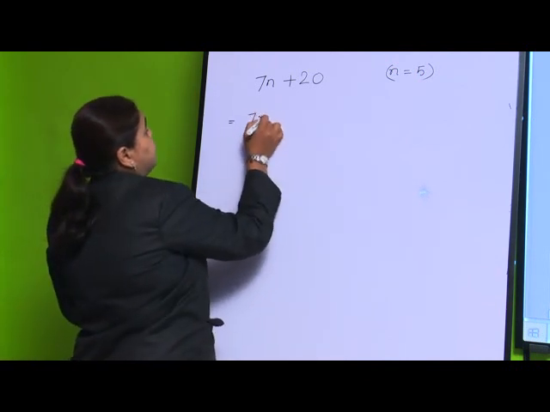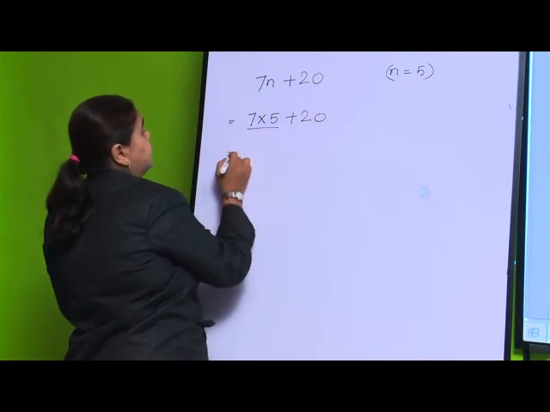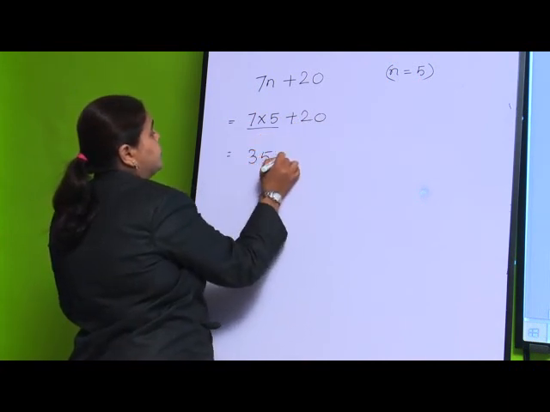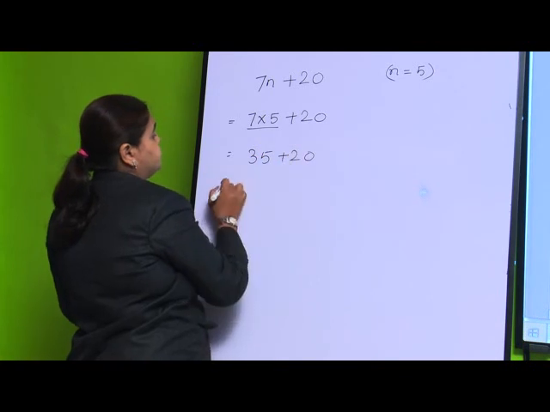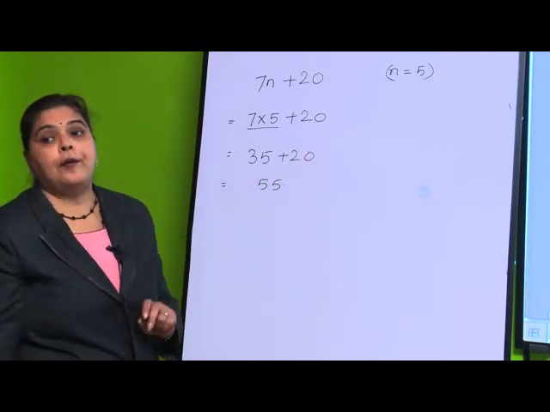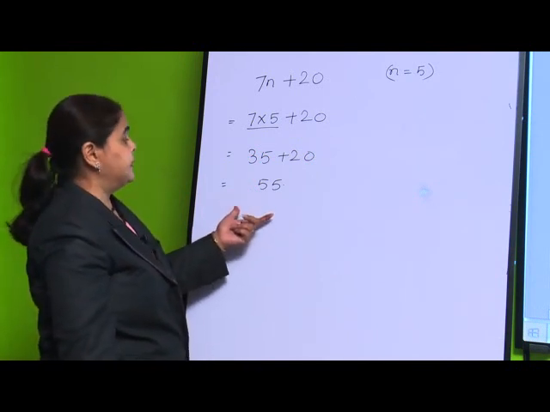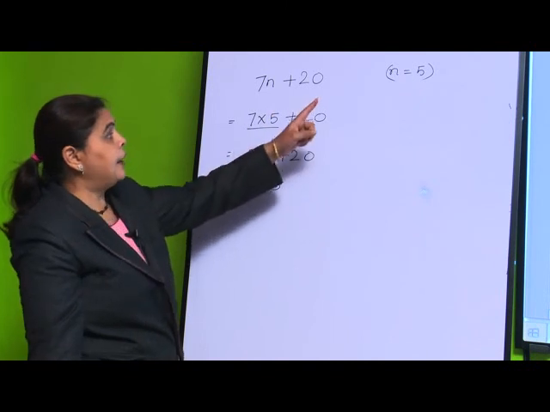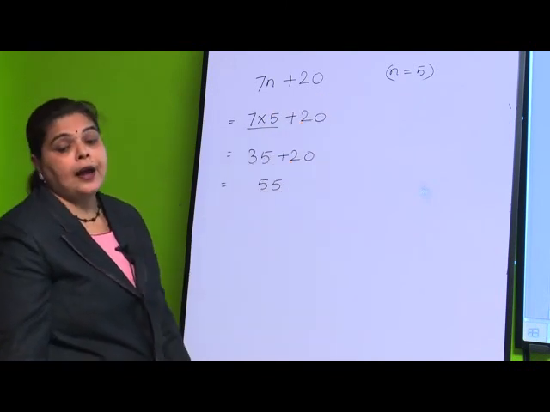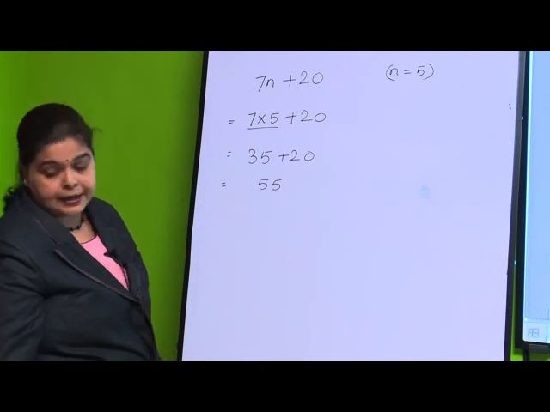So, 7 into 5 plus 20, this is 35 plus 20 is equal to 55. So, we require 55 line segments to complete this pattern, where n is equal to 5, that is, the number of patterns is 5.